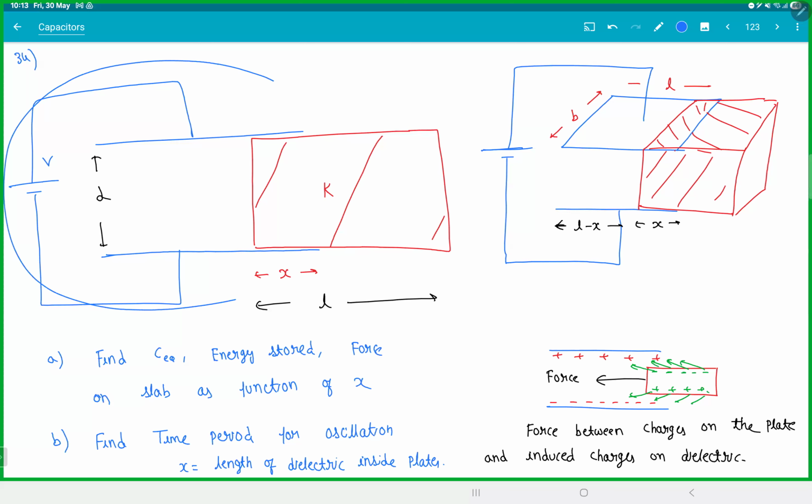This is a side view. I think this picture is understood.